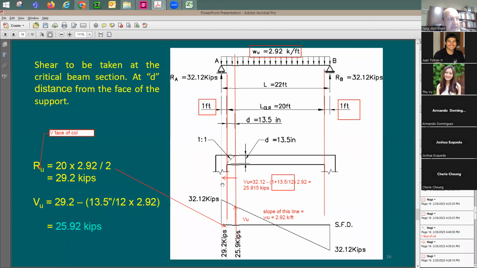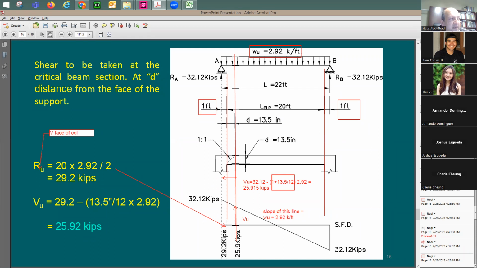How's that? You go to the face of support, which is 1 foot away from the center line, and then you go D distance. We know D is 13.5, right? Are you with me about the 13.5? Yes. Okay, good.